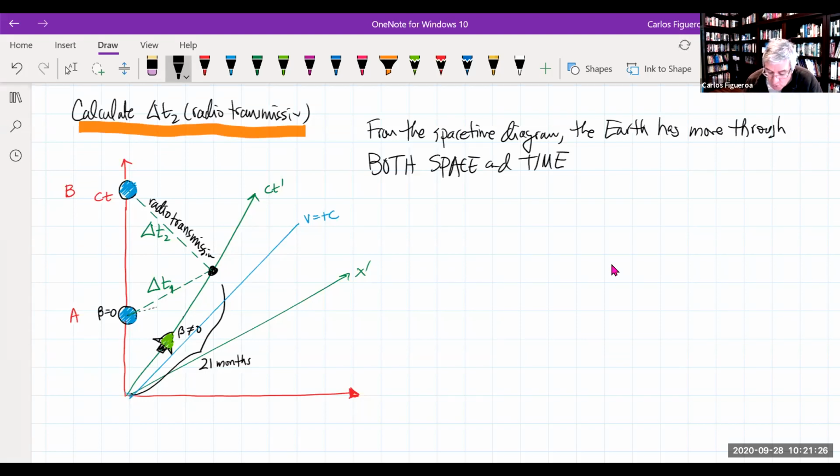And the only way we know how to make a connection here is that we have to use Lorentz boosts to make the calculation.